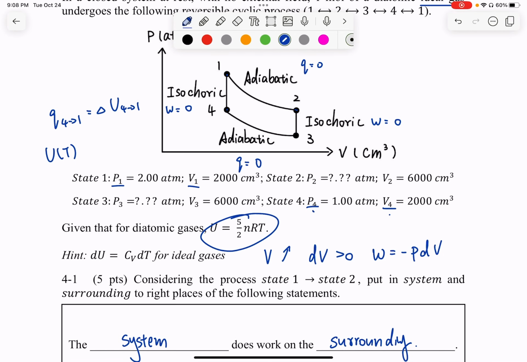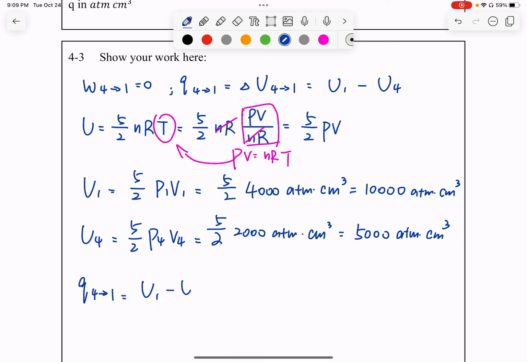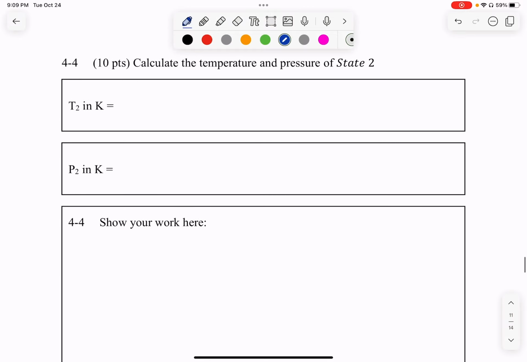That product equals 2,000, so we got 5,000 atm cm³. All right, so naturally Q from 4 to 1 equals U1 minus U4. That gives us 5,000 atm cm³. Okay, let's keep moving on.